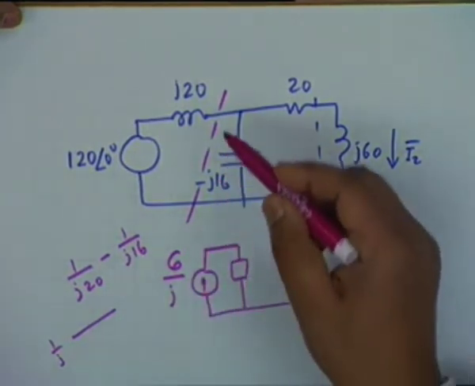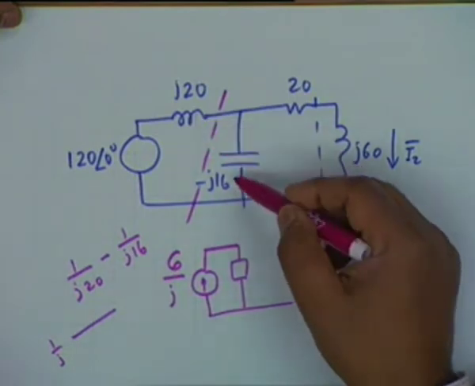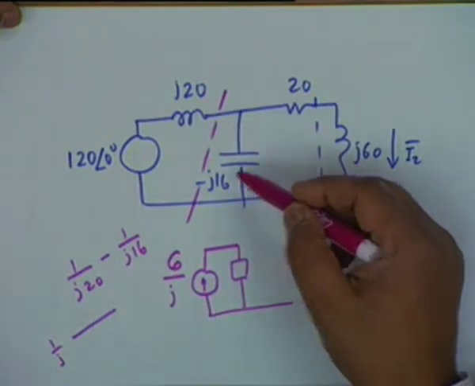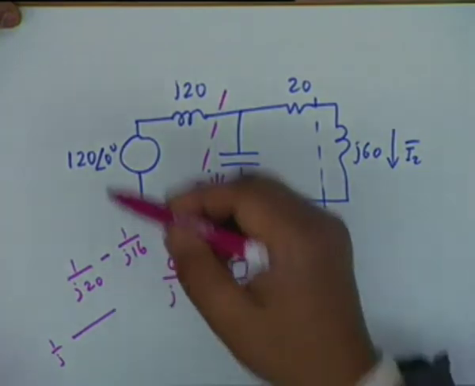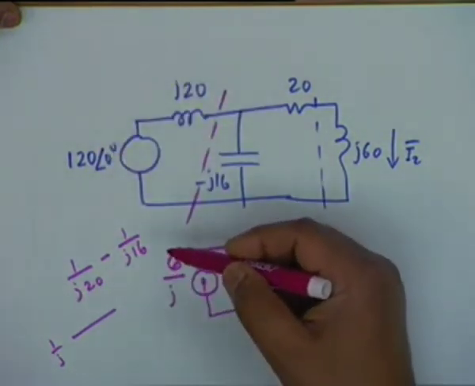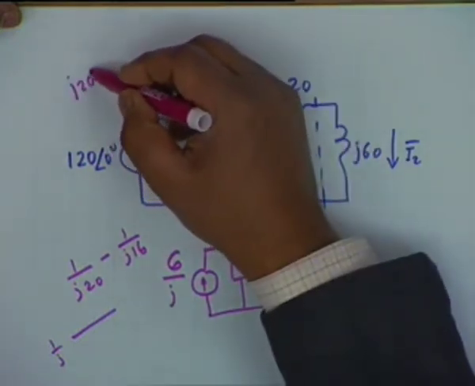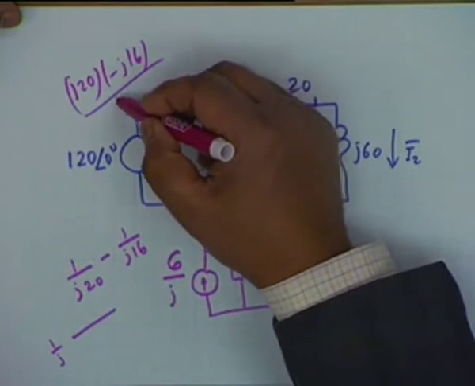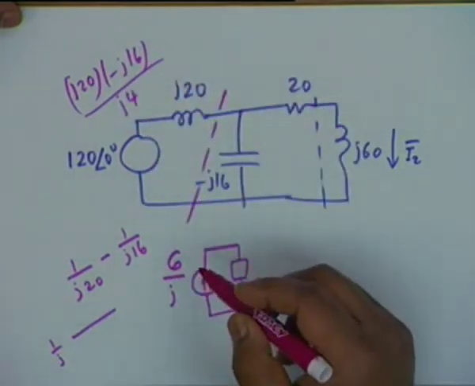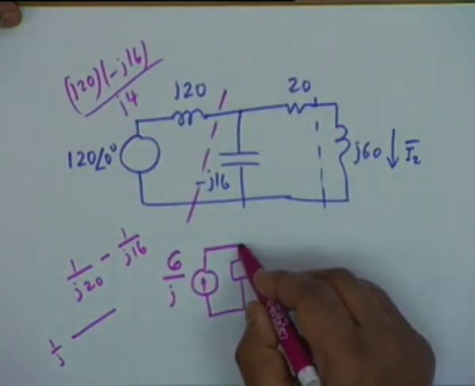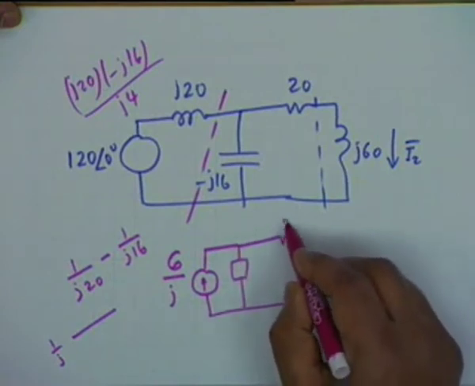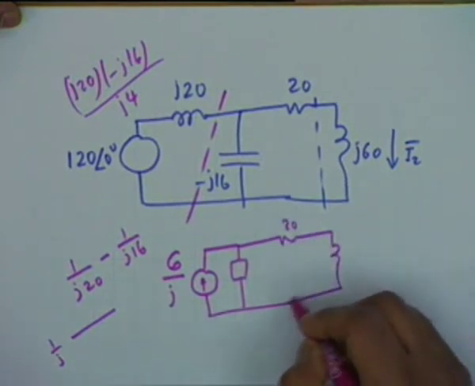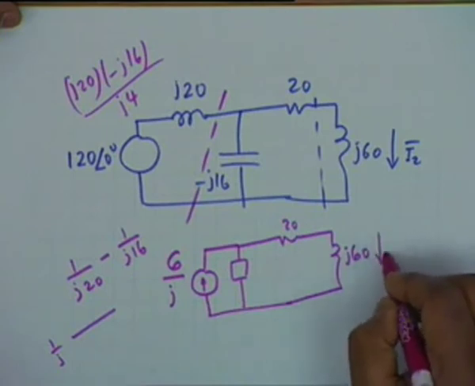Is this clear? J20 impedance comes in parallel with minus J16, whose equivalent impedance you can calculate either by admittances or by impedance. For example, J20 multiplied by minus J16 divided by J4, this is the equivalent impedance. Then you have the 20 ohms and J60.